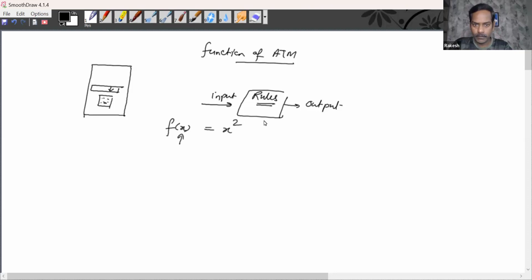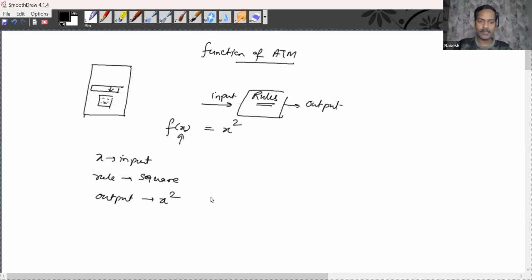So here x becomes the input. What is the rule? The rule is squaring the input. And the output would be the square of whatever input is provided. This is the simple correlation between the real life example of a function and the mathematical function.